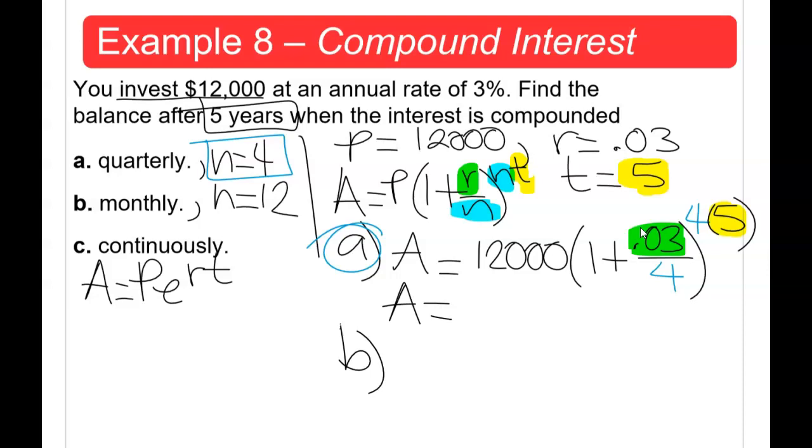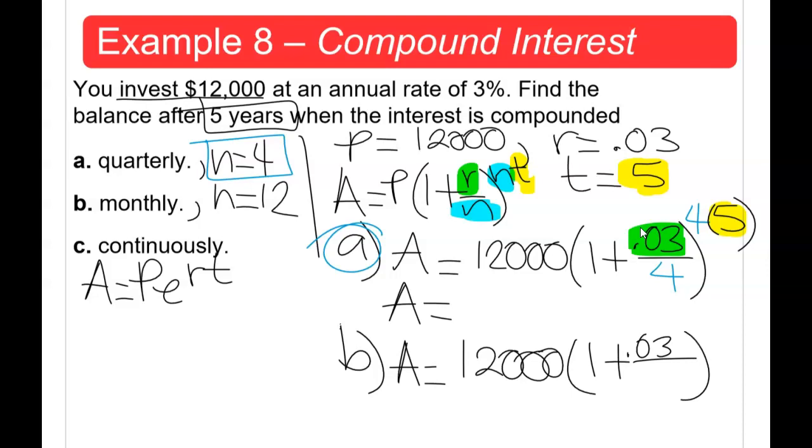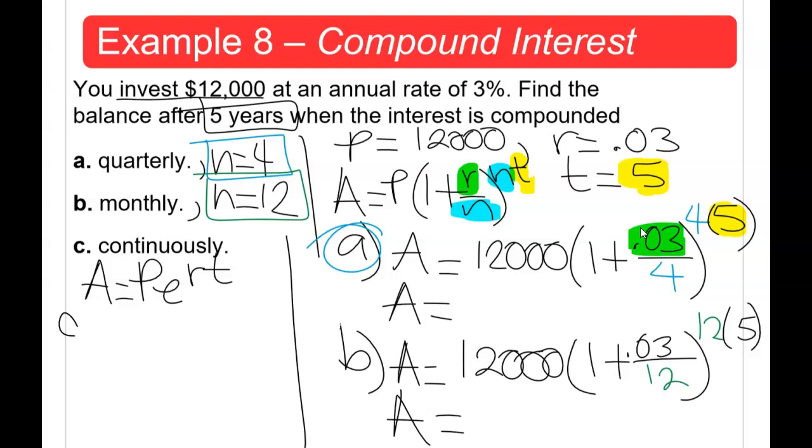So for part B, we're going to have 12,000 again, 1 plus 0.03 divided by, now the compounding periods are 12 for monthly. So we put a 12 here, and then in the exponent 12 times the years, which is 5. So there you have it. And then for the very last one, we use a completely different formula because it says continuously.